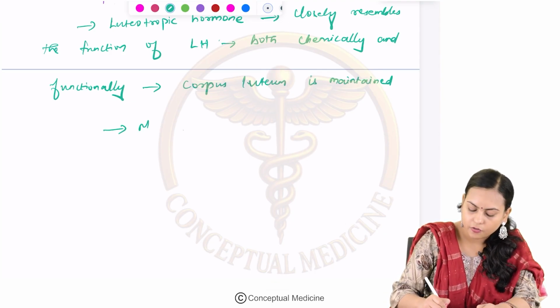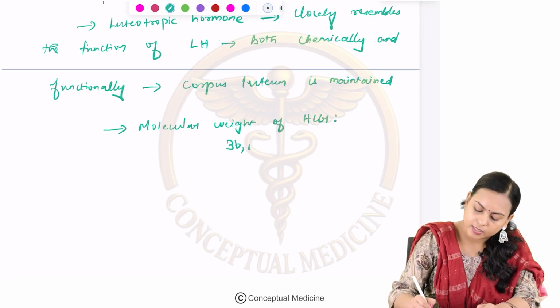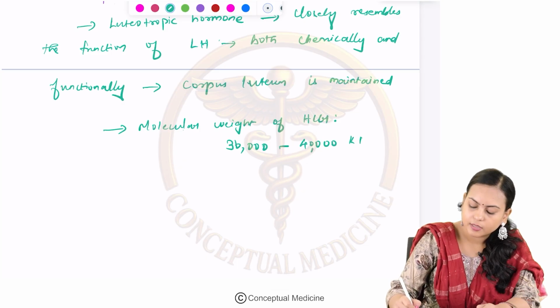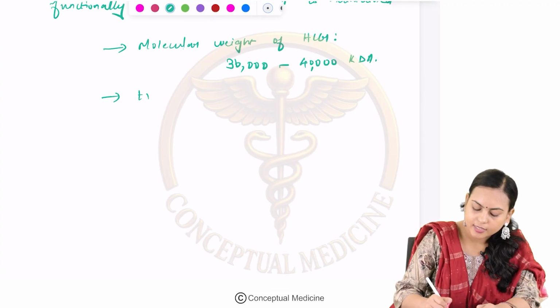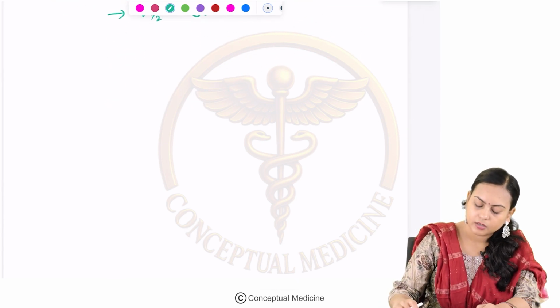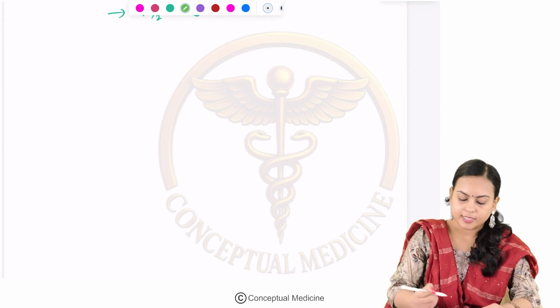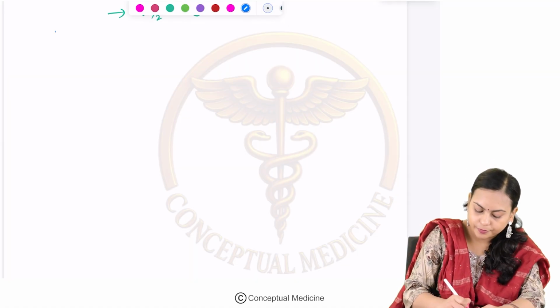Molecular weight of HCG is 36,000 to 40,000 daltons, and this has a half-life of about 36 hours.